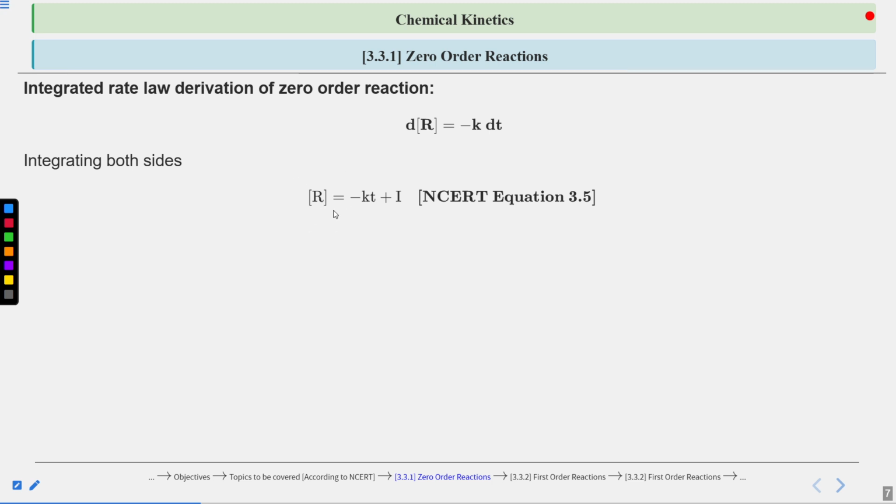So the reactant concentration is equal to minus the integration of k dt, which will be kt.